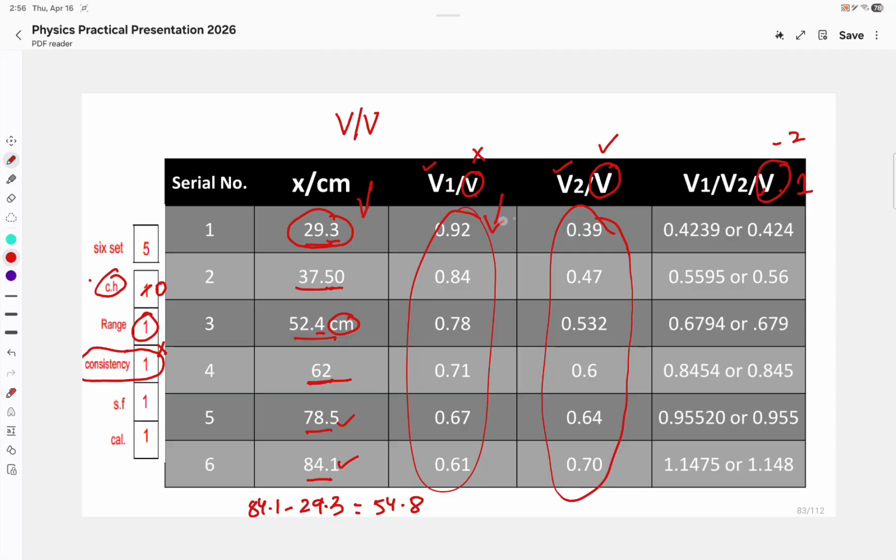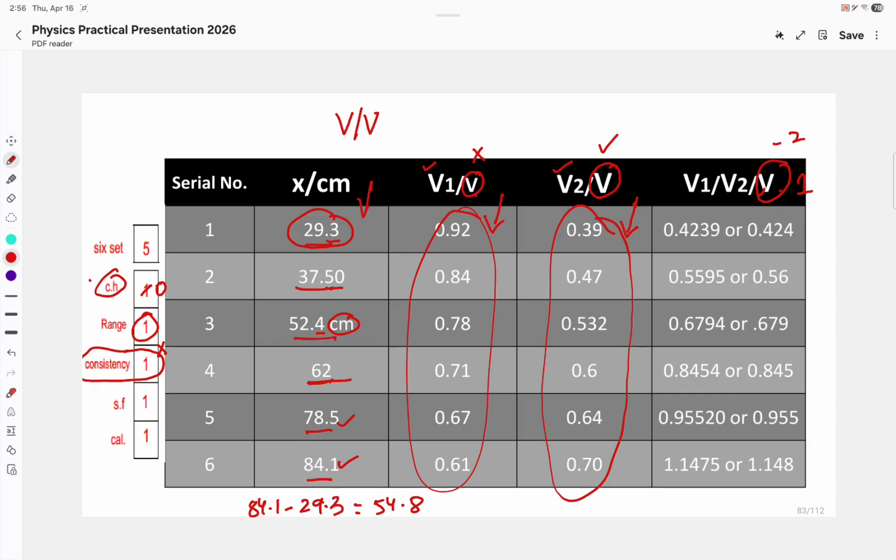It could be possible they consider the consistency for V1 and V2, but usually the examiner will award a mark for any one particular, and which one is that, it's up to the wish of the examiner, uski marzi. All right. But you have to keep all the measurements in a proper way.